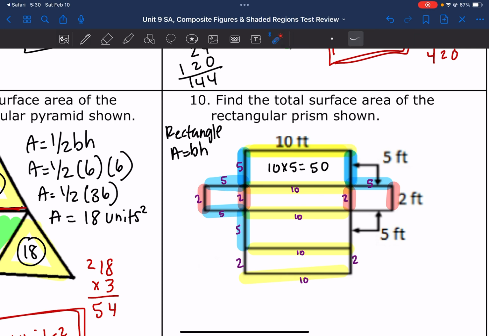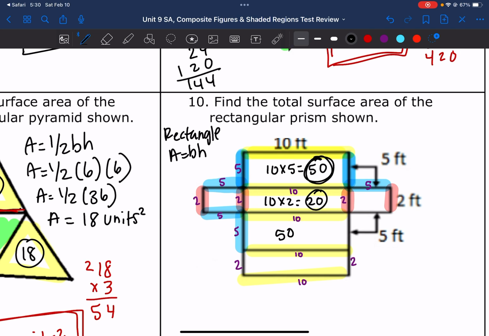This one that follows is going to be 10 times 2, so that is 20, okay? This one is another 10 by 5, which means that's going to be 50, and again, remember, it's going to be parallel to this one right here, okay? The next one is going to be parallel to the one that we've already found, which is 20, okay?